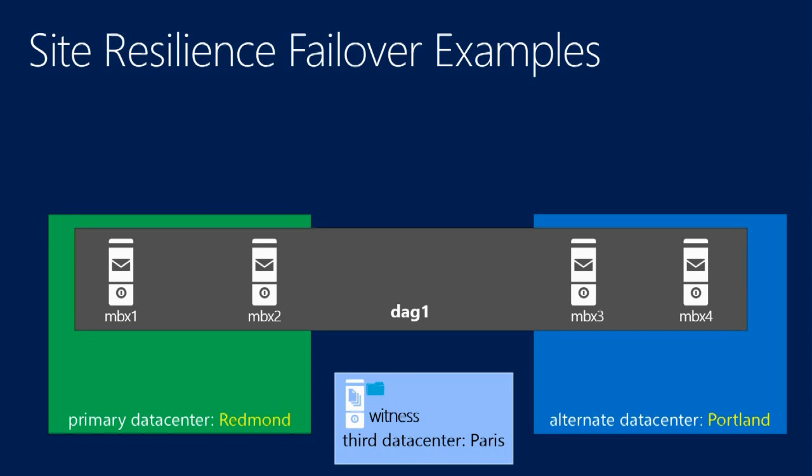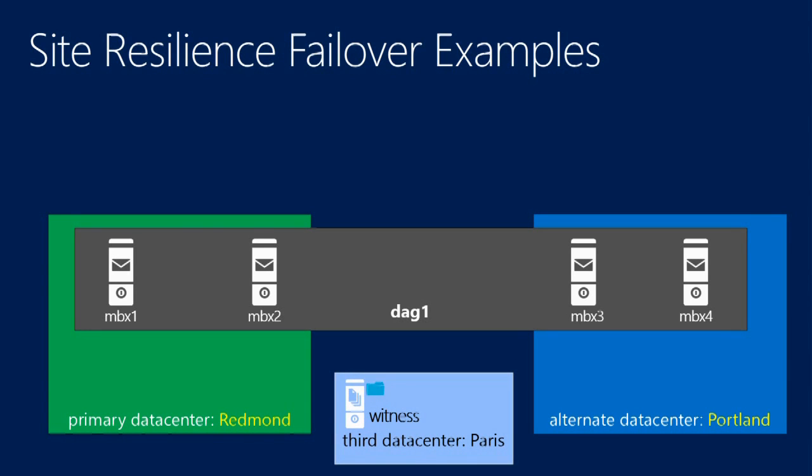So the only way we can really realistically isolate the witness server from these types of failures is to literally have it on a separate continent. So in this case, the primary and secondary are in North America, and the witness server is over here in Europe. The other reason I chose Paris is I also like to visit my witness server for 2 weeks in the summer every year, so Paris is a great place to do that.